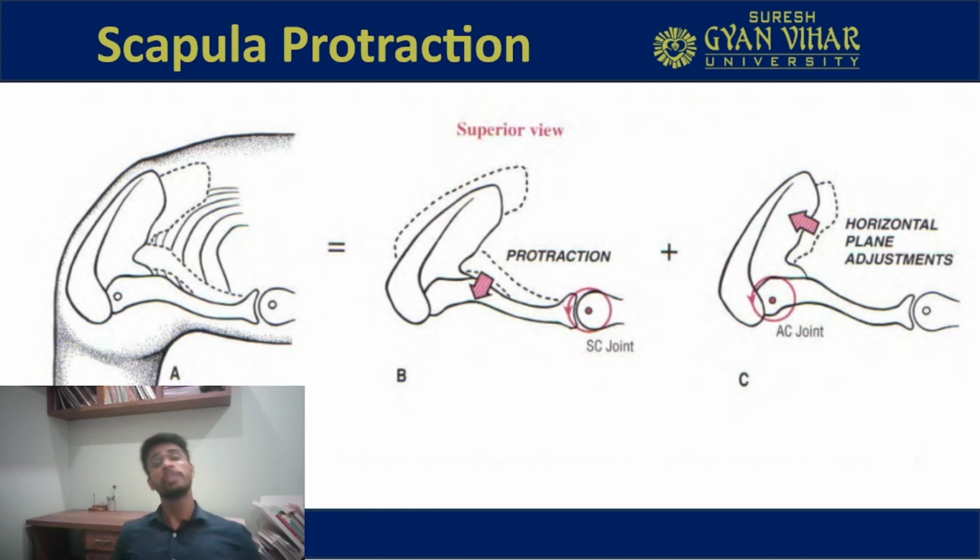acromioclavicular joint. The other movement which occurs at this joint is protraction. So this protraction actually occurs by the SC protraction plus horizontal plane adjustment. And what are the horizontal plane adjustments at the AC joint? It is your internal and external rotations. So protraction happens as well as the horizontal plane adjustment occurs, which causes the scapular protraction.